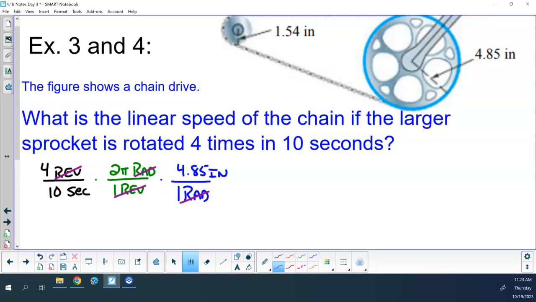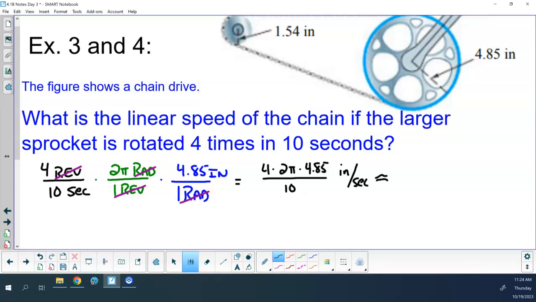That's a linear speed. That would be the linear speed of the tip of the sprocket, which is where the chain is going, so that would be the speed of the chain. So that gives me 4 times 2 pi times 4.85 on the top, and 10 on the bottom, and that is in inches per second.